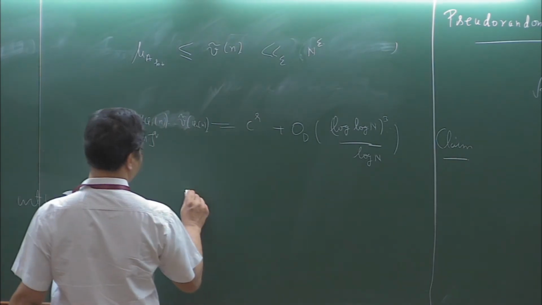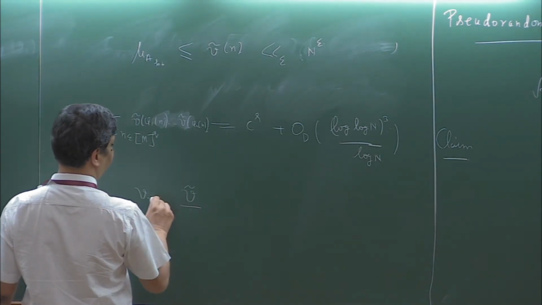Once I have this, I will just choose my v to be v tilde by c.